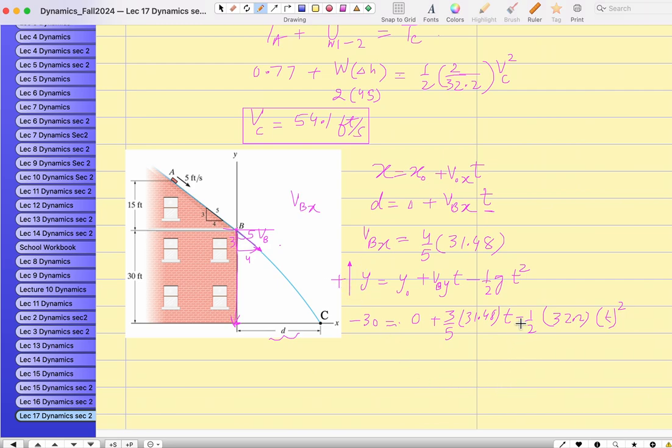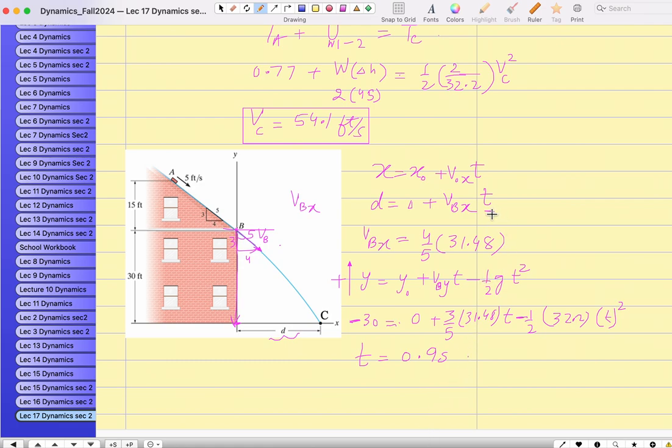That's why we have a negative sign due to the gravity, which is acting downward, and a negative sign due to the position, which is from B to C. Now this is clear. If you solve for t, you should get 0.9 seconds, almost 0.899 or 0.9.